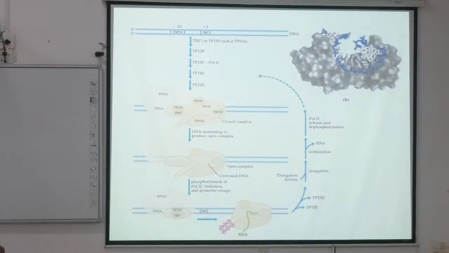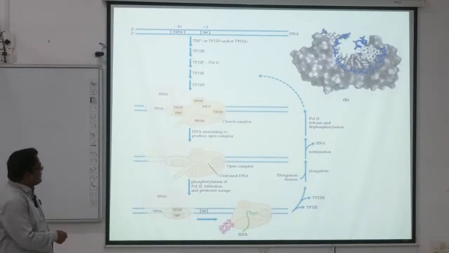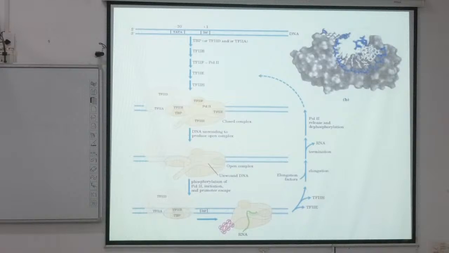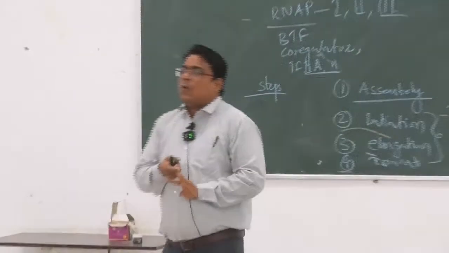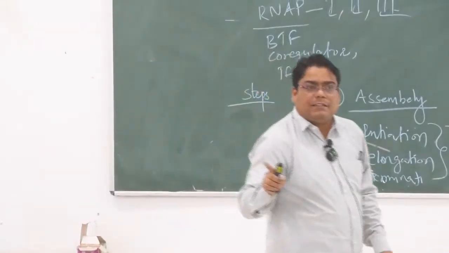Firstly, there is attachment of TBP, and when all the proteins, all the cofactors are attached at a particular single point, we call this point assembly. Okay, this is called formation of close complex, because in the initiation process, there are 4 steps: close complex, open complex, stretch of the DNA, and lastly promoter clearance.